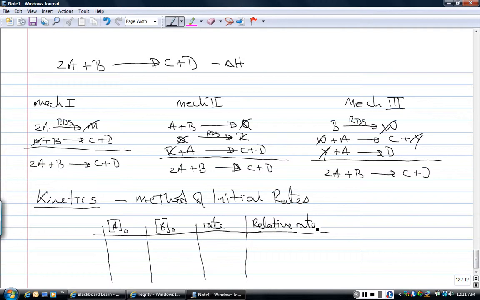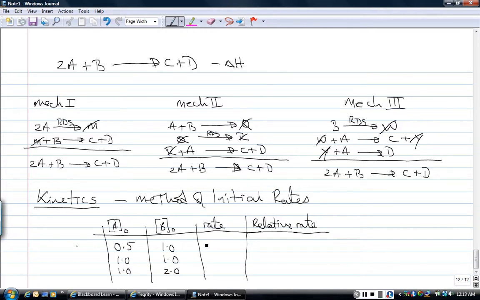Okay, so I'm looking for four things. And I would say, for example, let's say I have 0.5 molar A, 1 molar B. I now have 1 molar A and 1 molar B. Then 1 molar A and 2 molar B. So I'm going to make up two stock solutions, 1.5 molar A and 1 molar A, 2 molar A. And I'm going to measure the rates of the reaction.